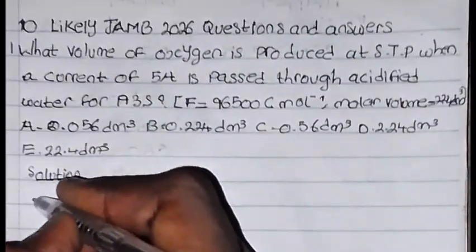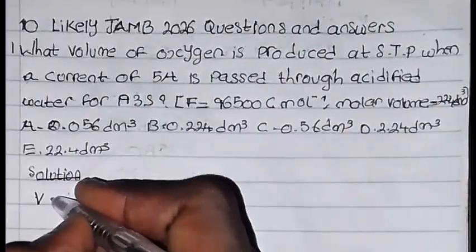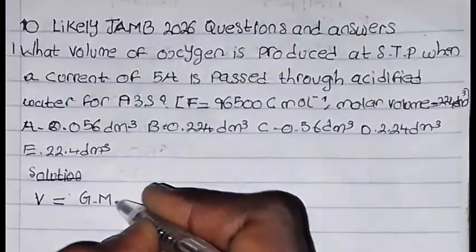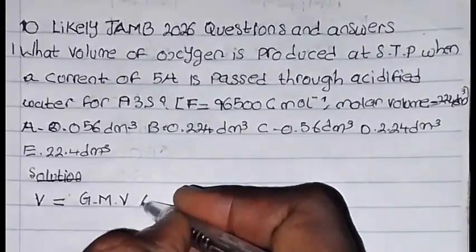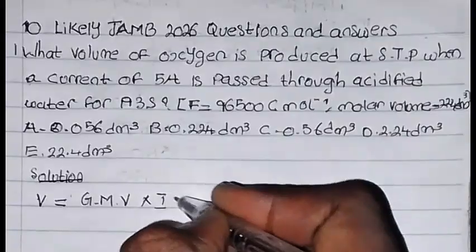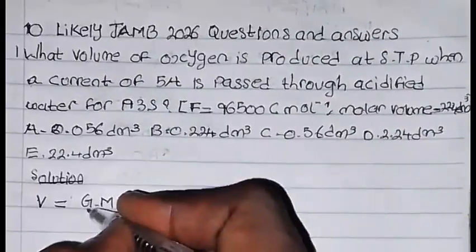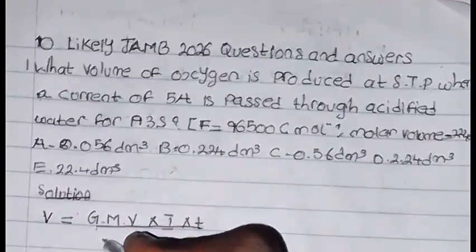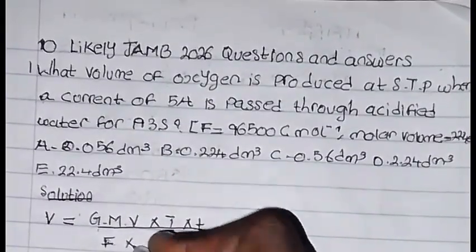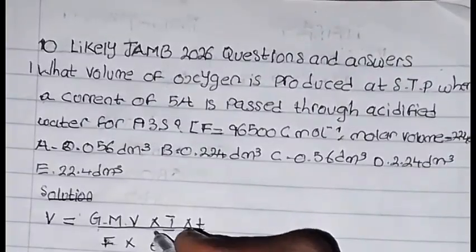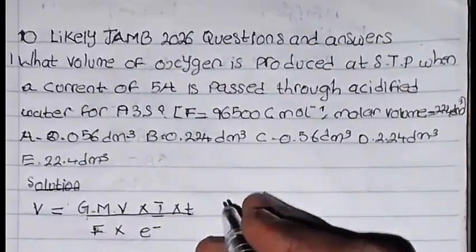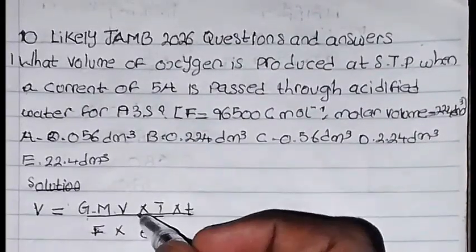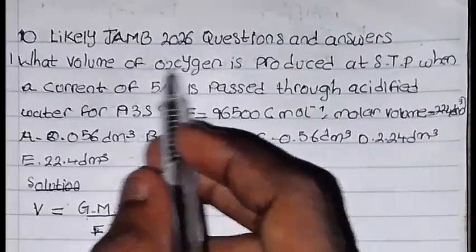The formula is that V, which stands for volume, is equal to GMV, the gas molar volume, which is a constant 22.4, times I, which stands for current, times T, which stands for time, all divided by F, Faraday's constant, times e⁻. Now e⁻ stands for total electrons transferred, which in most cases is the charge of the element being liberated.